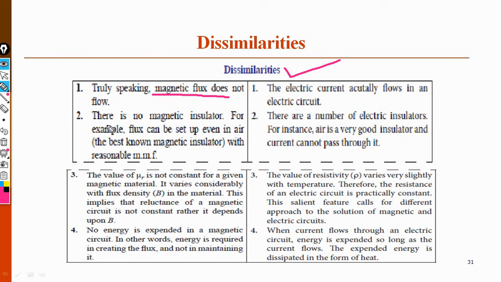In the magnetic circuit, there is no magnetic insulator, but in the electrical circuit, a number of electrical insulators are present.